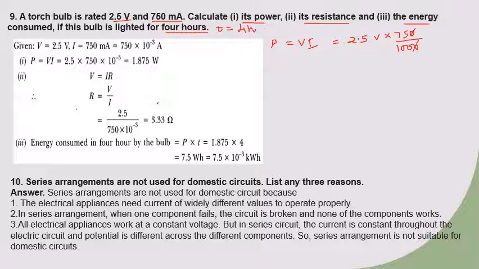You can just cross it out, and we can solve this. Here I will multiply it by 10 and write 10 in the denominator. So I'll be getting 25 × 75 upon 100.